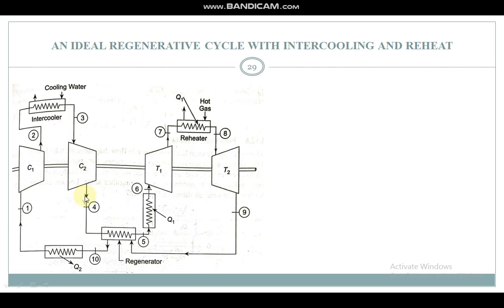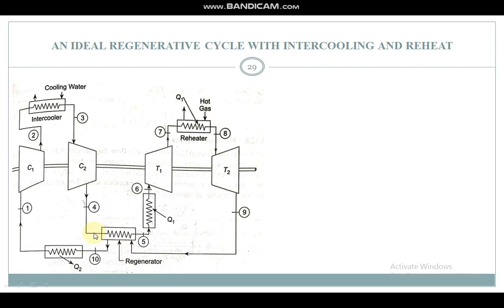After the compressor, the heat taken from the turbine exhaust is utilized in heating up the air from the second compressor outlet, and then heat is added in the combustion chamber, right? Then it is fed to the turbine, and after initial expansion it is again sent for reheat, and then it is sent to the second turbine, and the cycle continues.